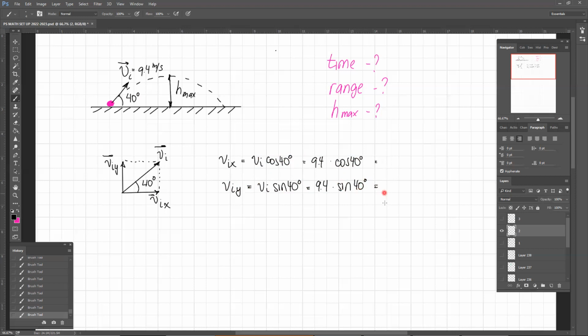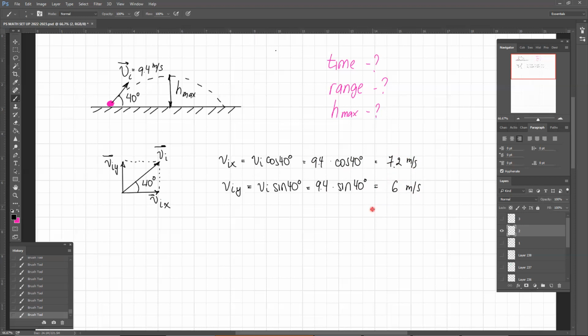I invite you to hit pause here and actually do the calculations on the calculator just to make sure that you're getting the same answers. And when I actually calculate that, I have 7.2 and 6 meters per second, respectively.